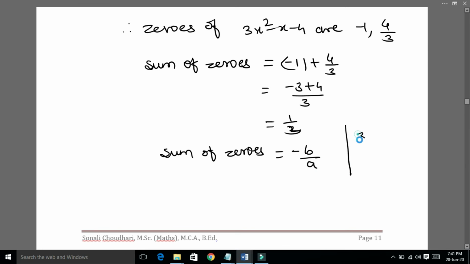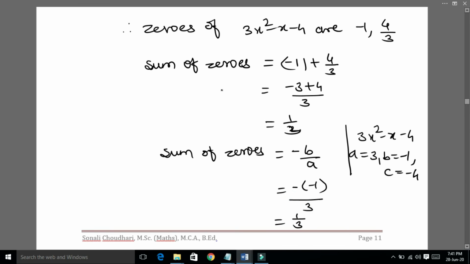So we calculate here the values of a, b, c. So a is 3, b is −1 and c is −4. So −(−1)/3, that is 1/3. Since both the values are same here, hence sum of zeros is verified.